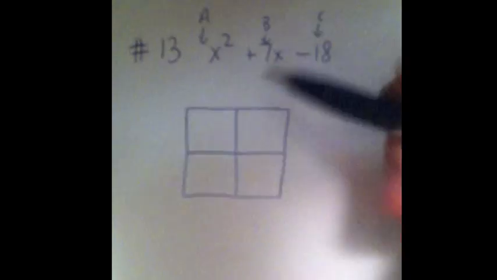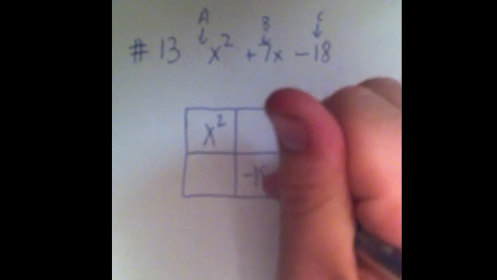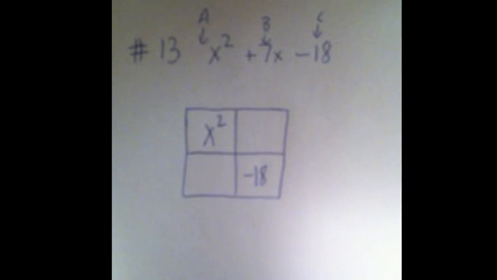And once again, x squared will go in the first box, and negative 18 will go in the last box. Do not forget the negative sign. Do not forget the signs that are in front of each coefficient.